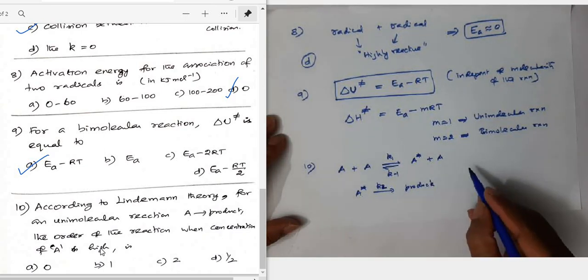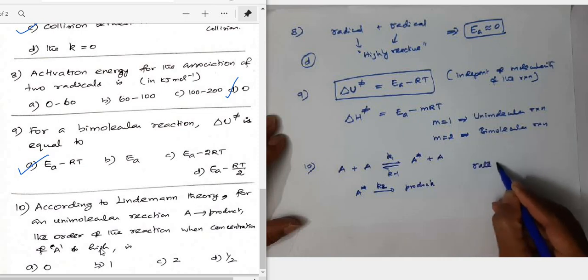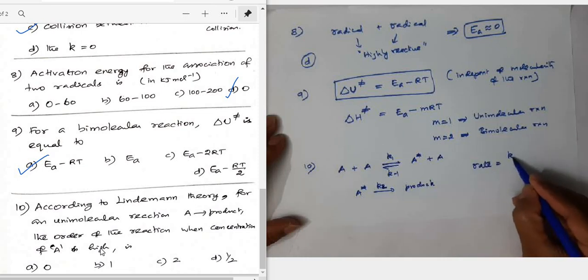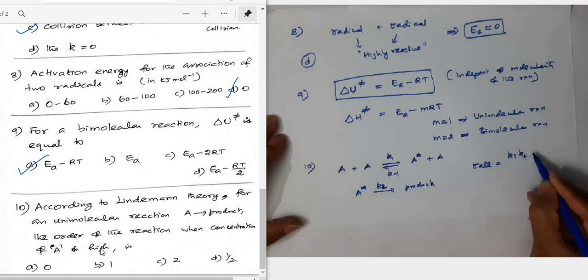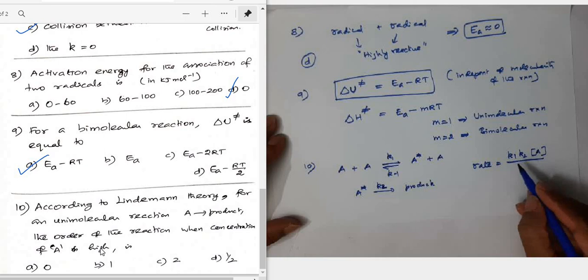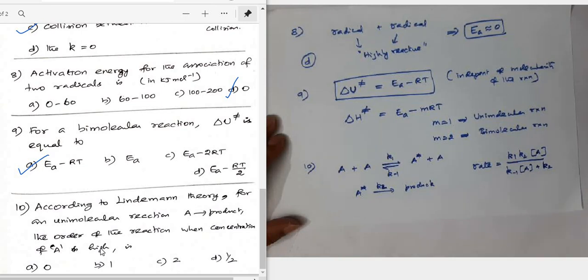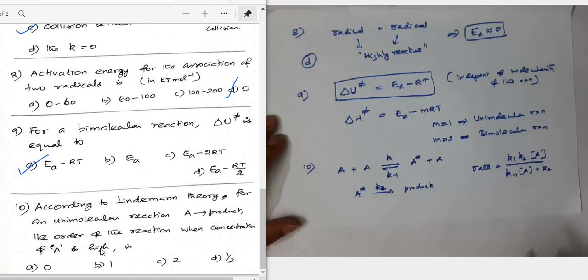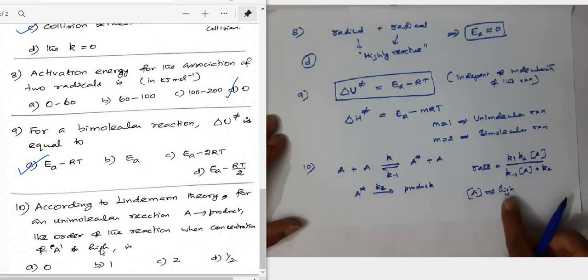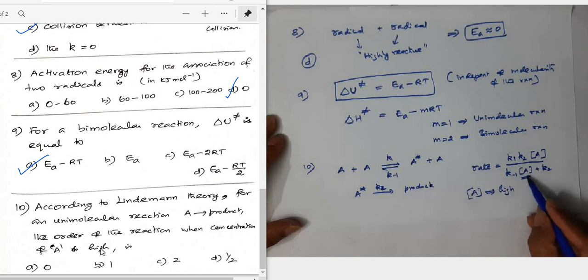And what is the expression for rate? The rate of this reaction is equal to k1 into k2 into concentration of A divided by k minus 1 into A plus k2. This is the general expression for the rate of a unimolecular reaction. Now what happens when the concentration of A becomes high? When A becomes very high, the denominator term becomes very high.